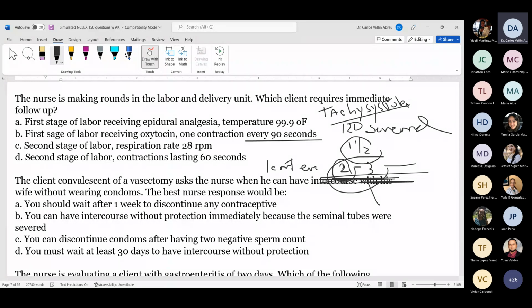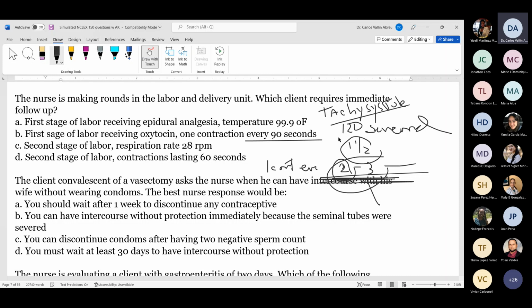Remember that the fetus is not receiving oxygen during the contractions. If there is not enough rest between contractions to allow the fetus to oxygenate, then the fetus can die.